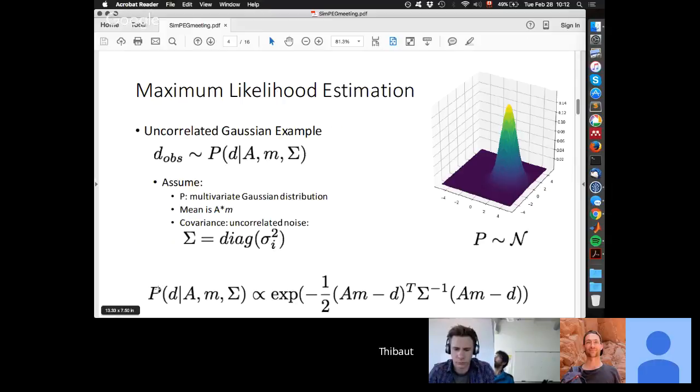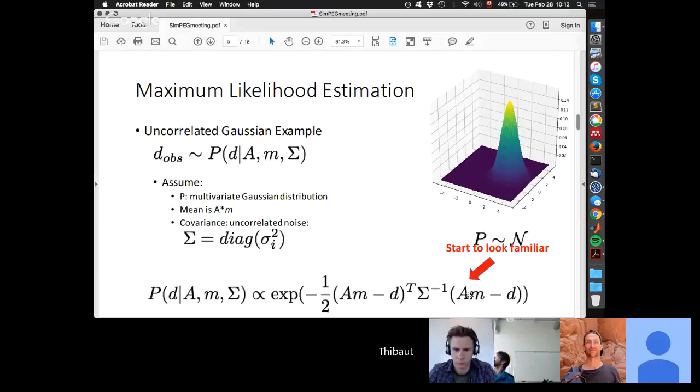If I write it as a Gaussian, dropping the multiplicative constant, the probability is proportional to the exponential of minus 1/2 (AM minus D) transpose sigma minus 1 (AM minus D). Does that start to look familiar at some point?